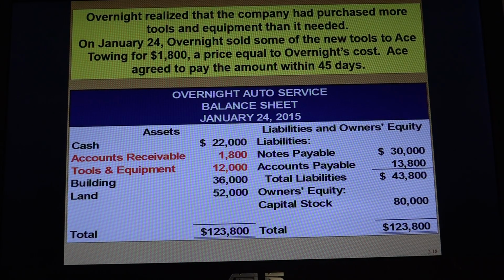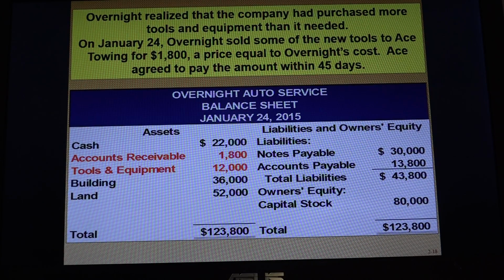Next, Overnight realized that the company had purchased more tools and equipment than it needed. On January 24, Overnight sold some of the new tools to Ace Towing for $1,800, a price equal to Overnight's cost. Ace agreed to pay the amount within 45 days.